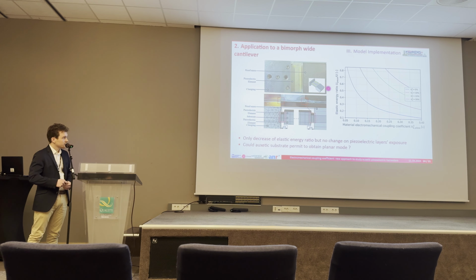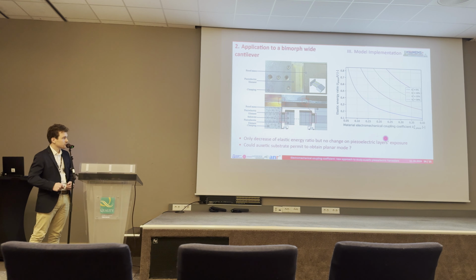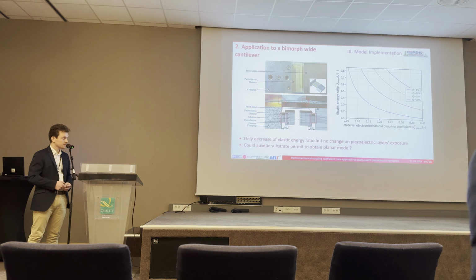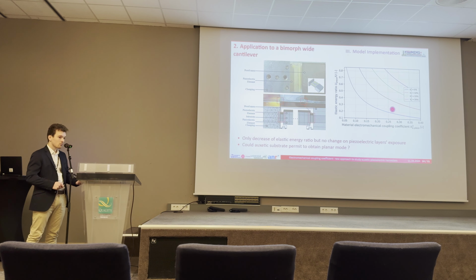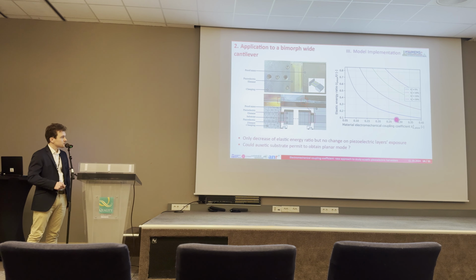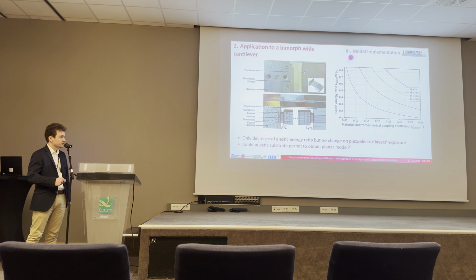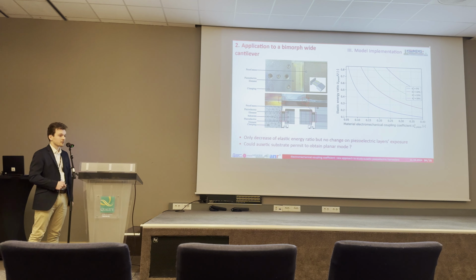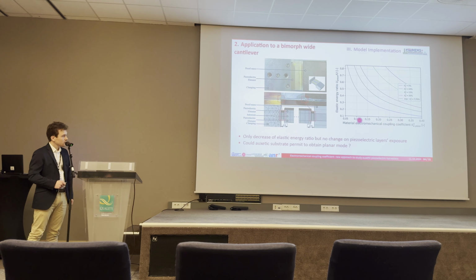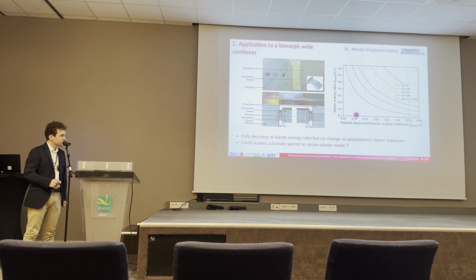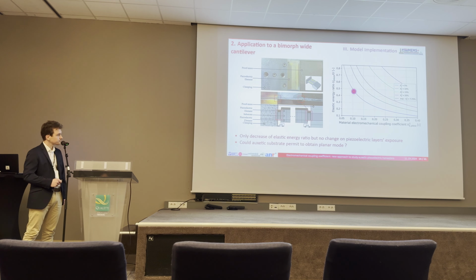So here is the elastic energy ratio by the material electromechanical coupling coefficient. So the idea is to have some isolines here that describe the global coupling coefficient, and for each dot of these lines, there is a couple of elastic energy ratio and material coupling. If we add here the experimental value of the global coupling we measured, it's around 8%.